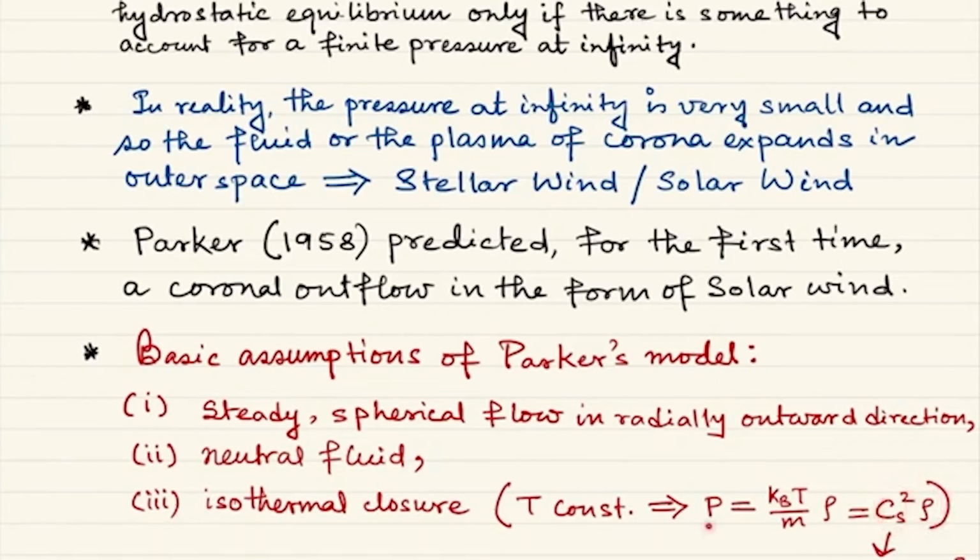So pressure should be proportional to density in an isothermal fluid. And the proportionality constant, you can easily remember what this is. This is nothing but kBT by M, which is equal to the sound speed squared. So already people knew about the sound speed in a medium.